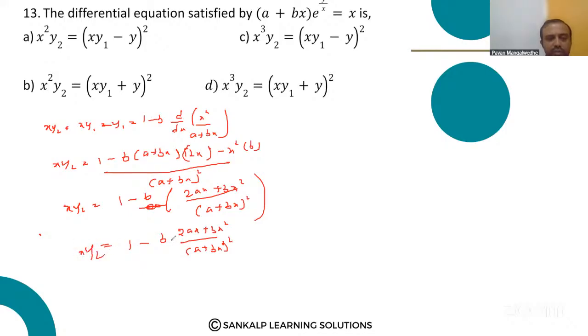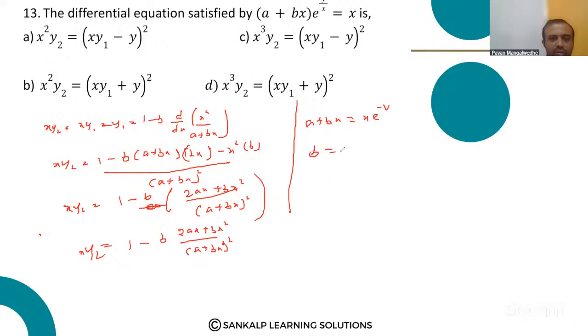Just by approaching this in the standard form, that is a plus bx as x into e raised to minus v.